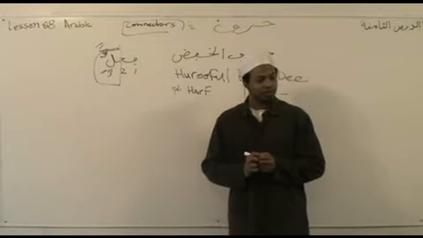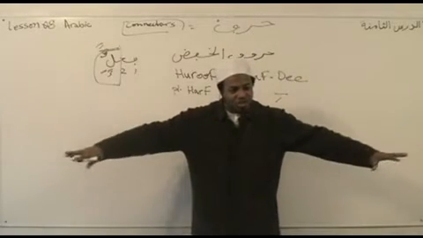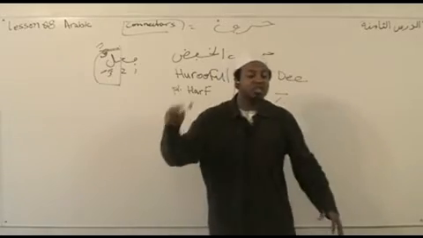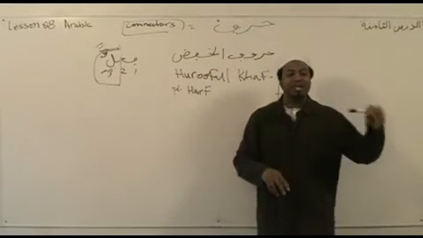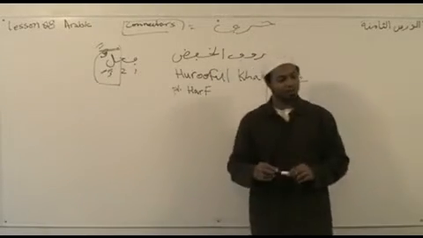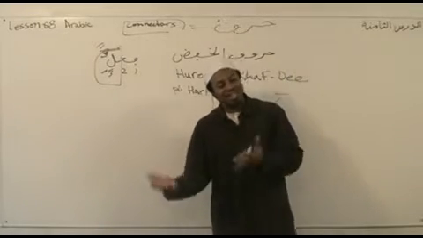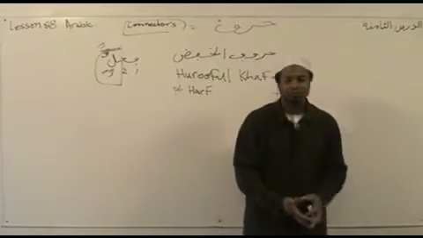You see the difference? Grammar is more general, it covers a big space. But sarf, as I told you before, I believe should be studied first, because if you don't know words, you can't put them in a sentence if you don't know what they mean.